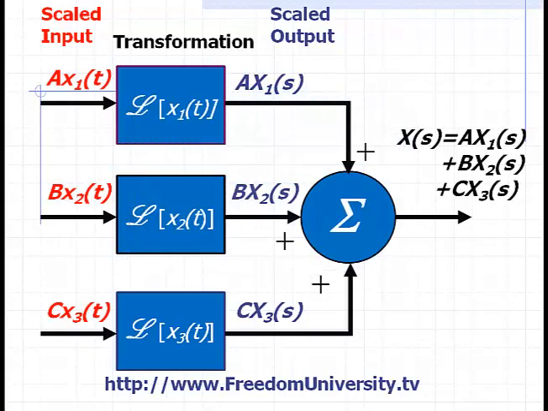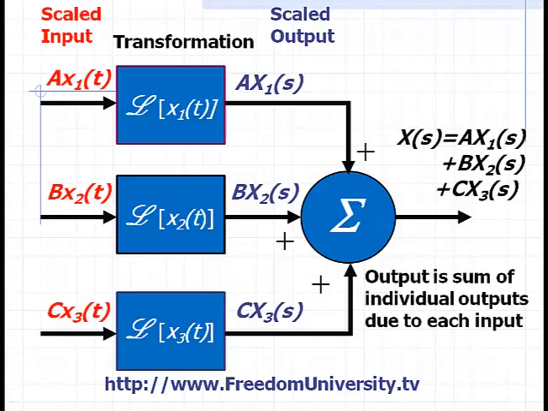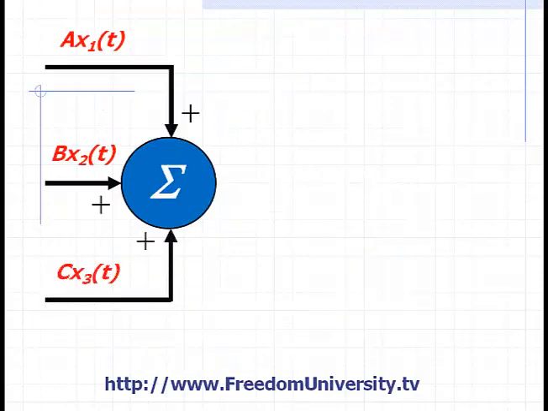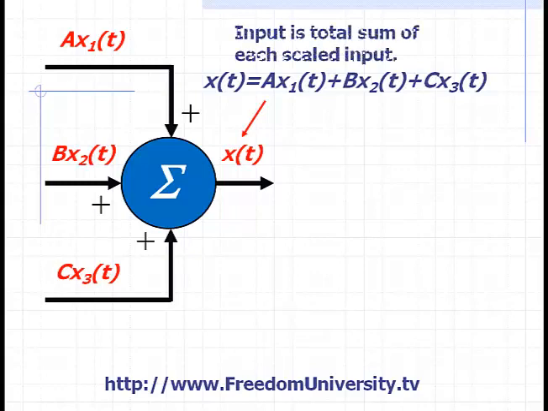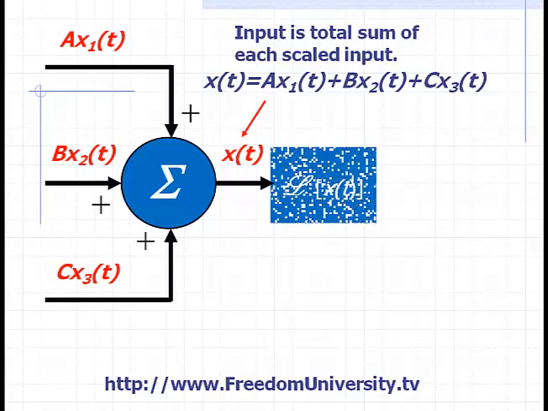So this is a block diagram to express the linearity property. And we saw that the output is the sum of the individual outputs due to each of these inputs here. And we have the corresponding outputs, and the output is just the sum of them. Here, we break up the inputs into individual inputs, add them all up, and get an overall input, and then perform the operation on the total sum of each scaled input.